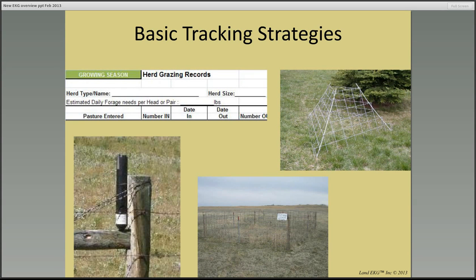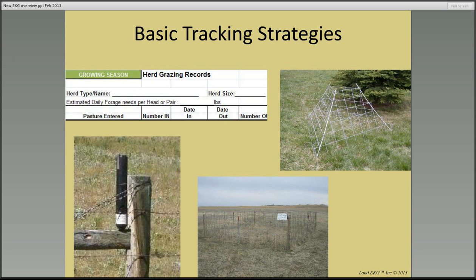The size of the herd is right here. That right there allows you to do a whole bunch of analysis, and we'll talk about that just shortly here. But having the records themselves is something that's extremely important.